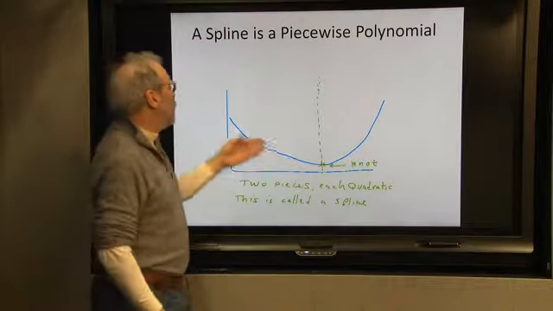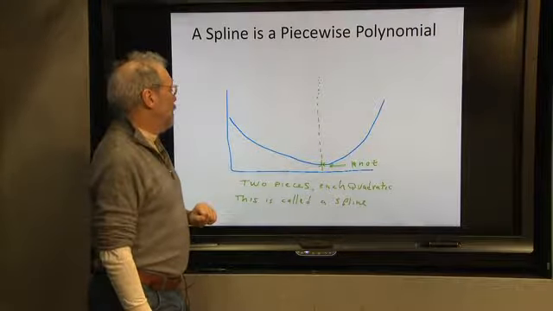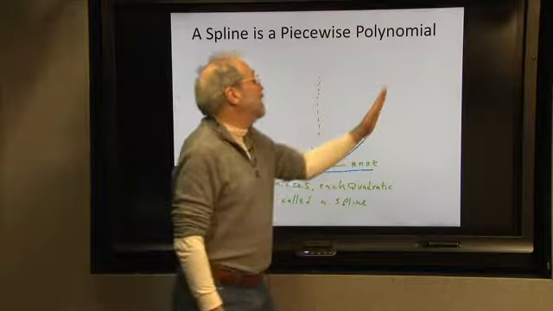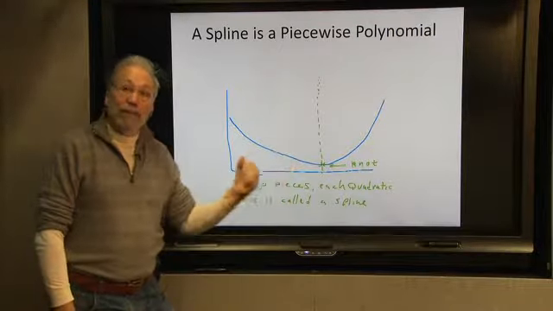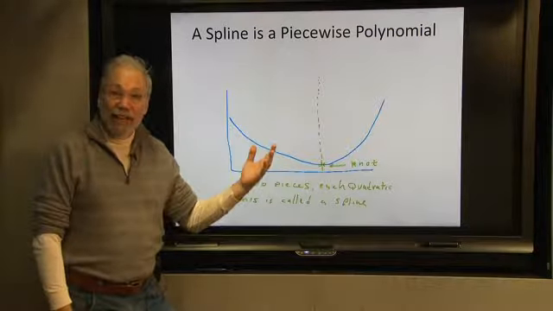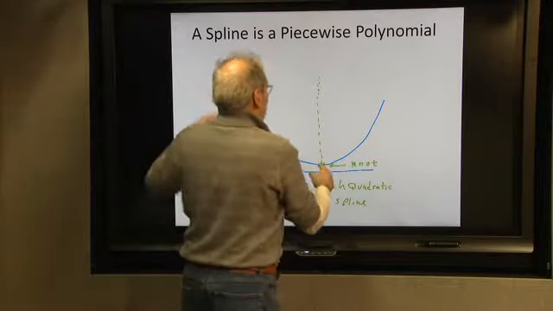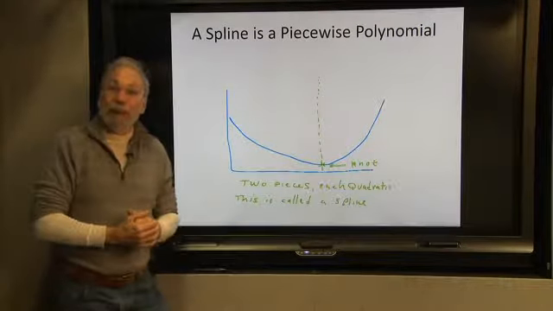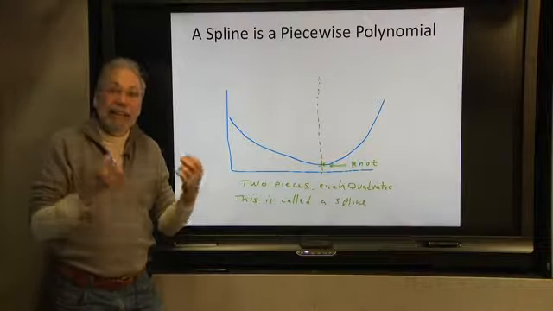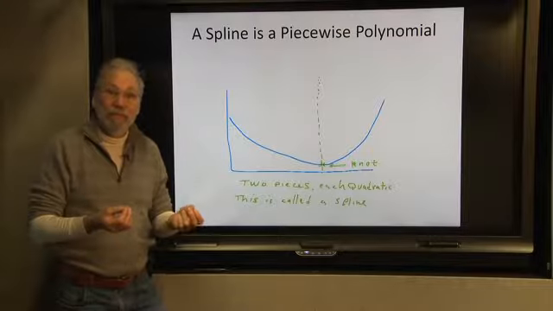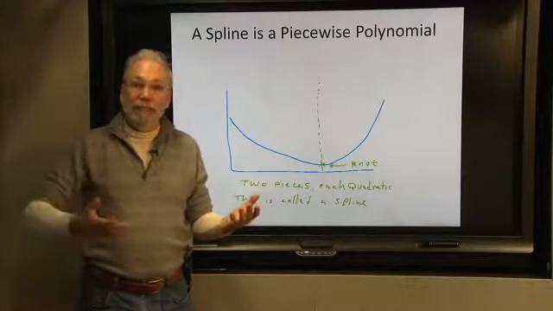So I could fit a quadratic polynomial here in this part of the temperature range, and a different quadratic polynomial in the other part, the warm temperature part of the range. And in each case, I will do pretty well with a parabola, it looks like, but it won't be the same parabola. And so that seems like a reasonable solution to the problem.